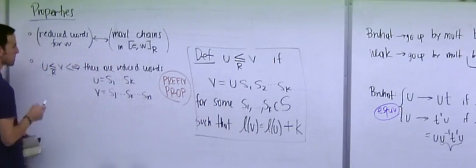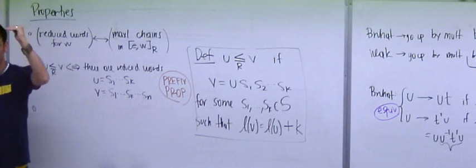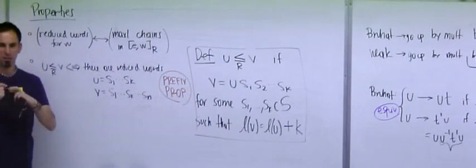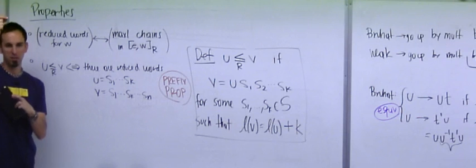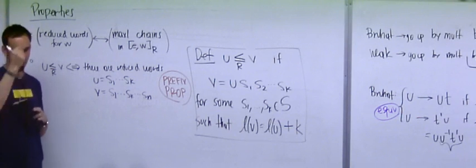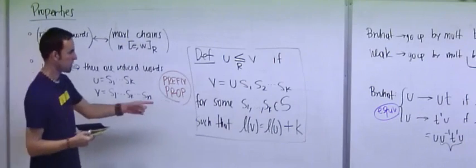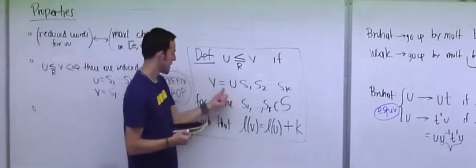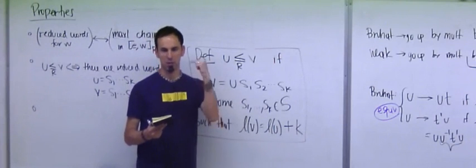Okay. What was the chain property? The chain property told us that in the Bruhat order you have levels. And so every chain from level A to level B has exactly B minus A steps in between for any maximal chain. Okay. Well, that's obvious here because how do you go up in the poset? By multiplying by a generator in such a way that the length goes up by 1.